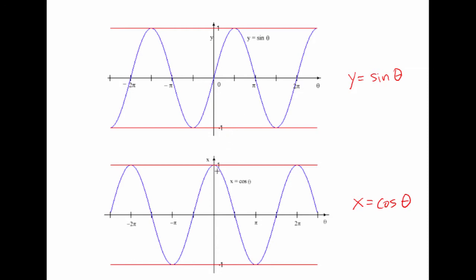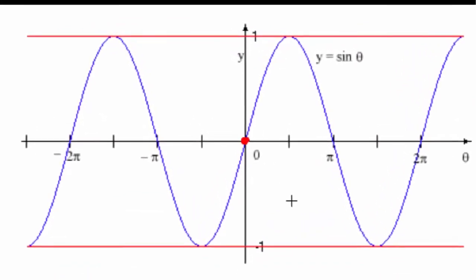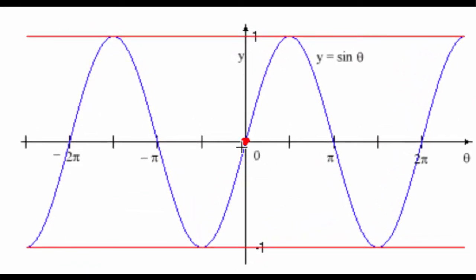And so if you take a look at the two graphs and just compare them, here's the origin and the origin, you'll notice that the sine function, these are the parent functions now. The sine function starts at the origin, and the wave goes up to 1, back down to 0, down to -1, up to 2 pi, and continues on.